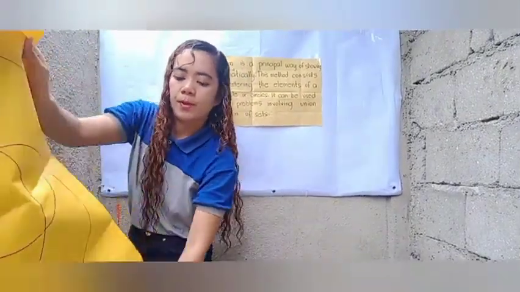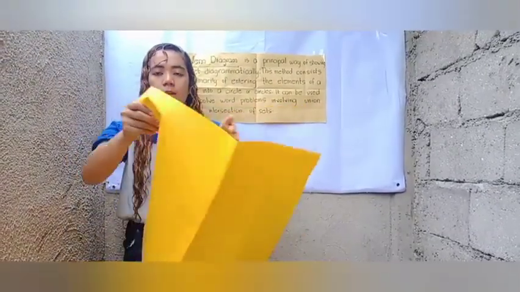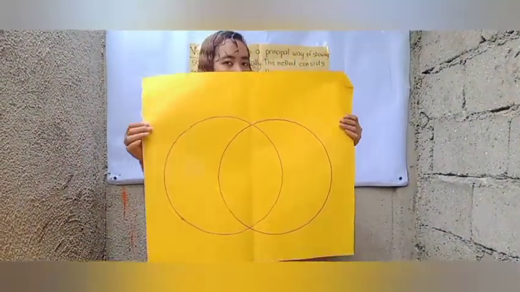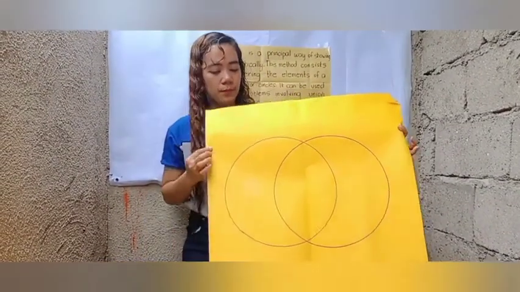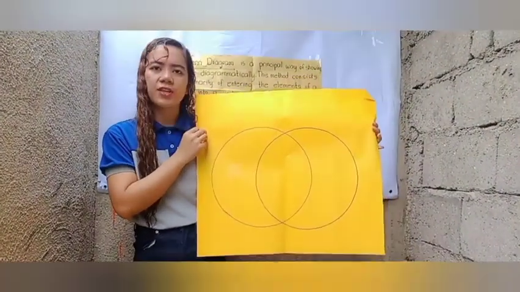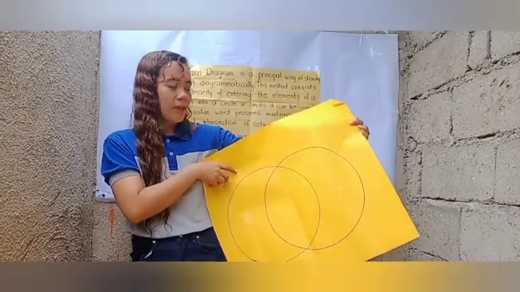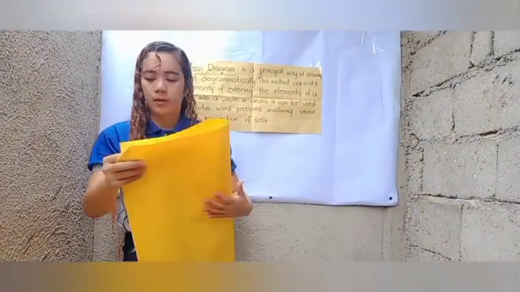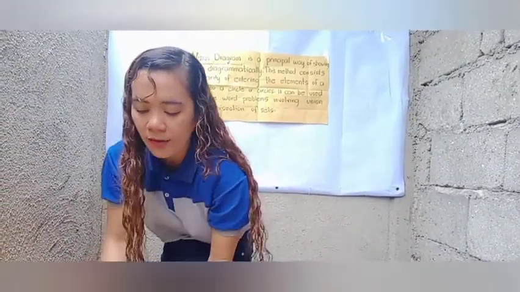Here. This is what we call a Venn diagram. It's just like you have two circles and then you intersect the two circles, forming this.